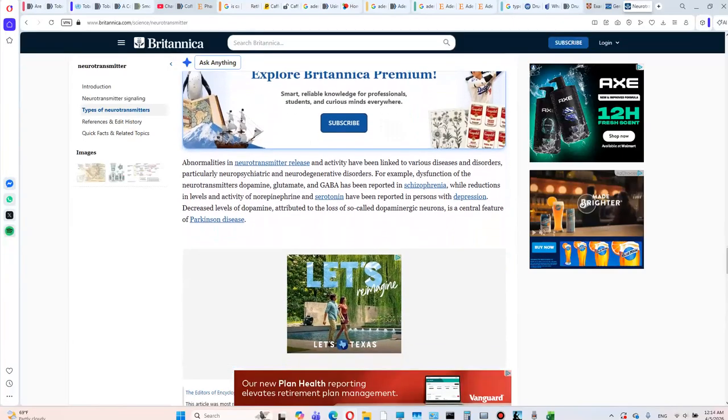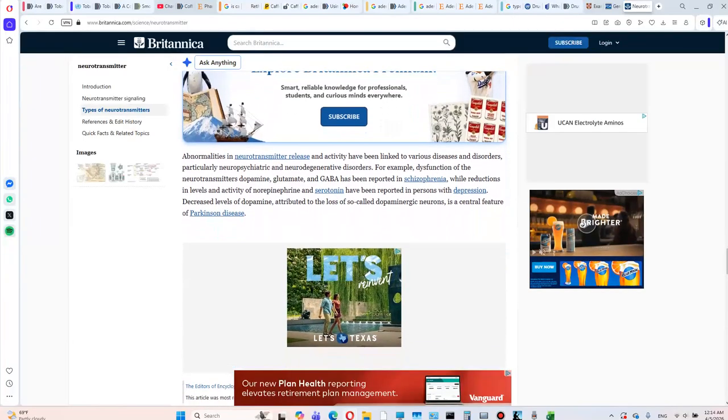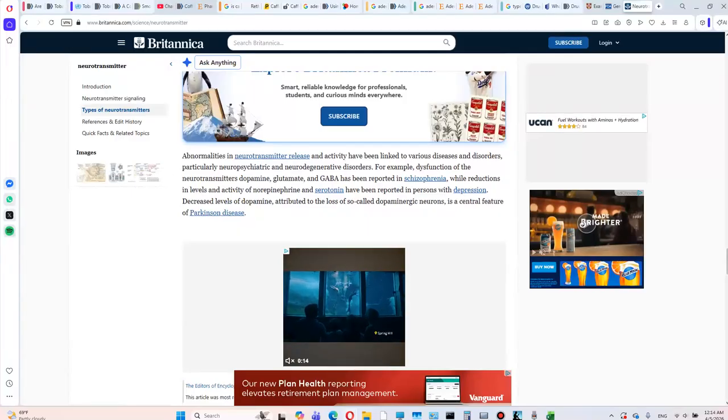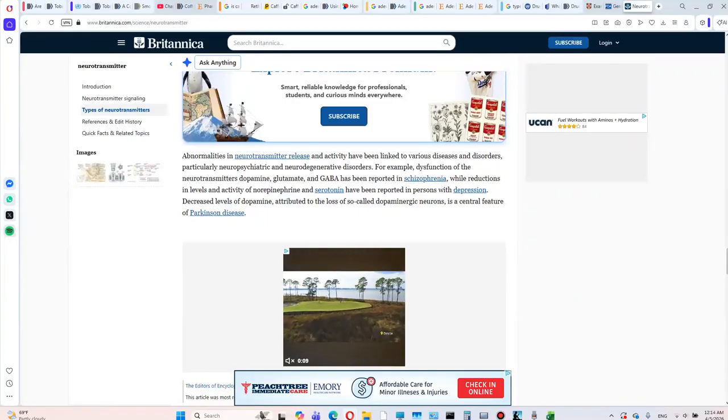Abnormalities in neurotransmitter release and activity have been linked to various diseases and disorders, particularly neuropsychiatric and neurodegenerative disorders.